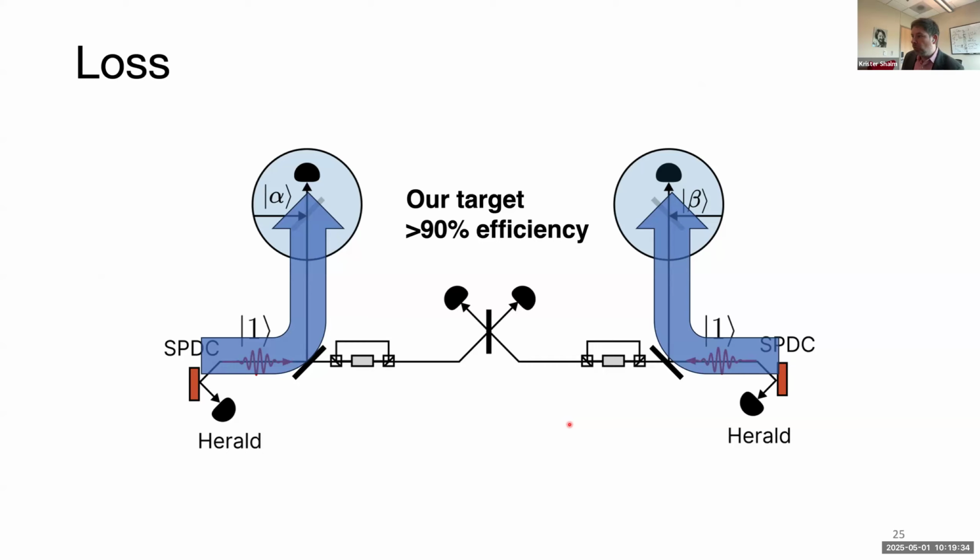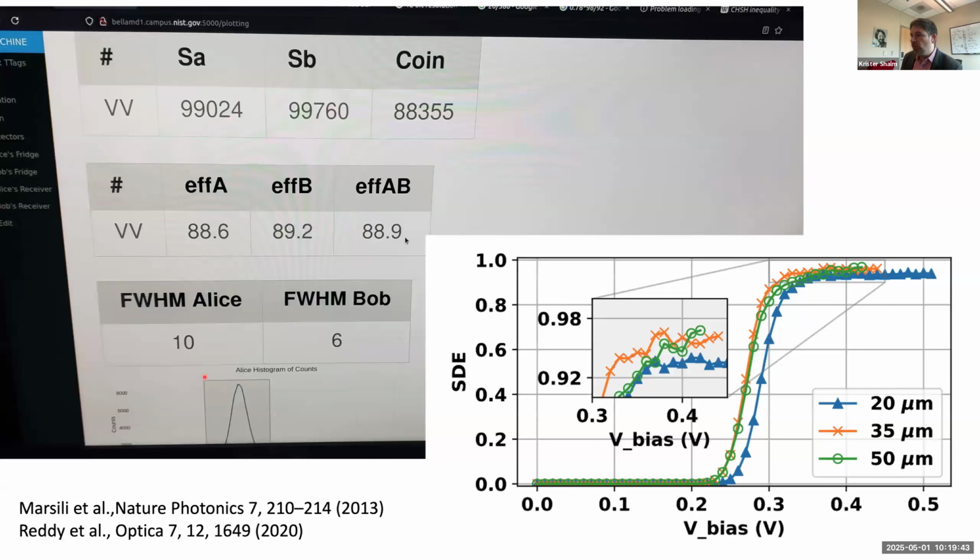And we've been actually able to do this or approach this with a previous generation of our sources. And I think we can actually do better than this. But in our current sources, in just a single lab on a tabletop, we're able to measure system efficiencies that approach 90%.